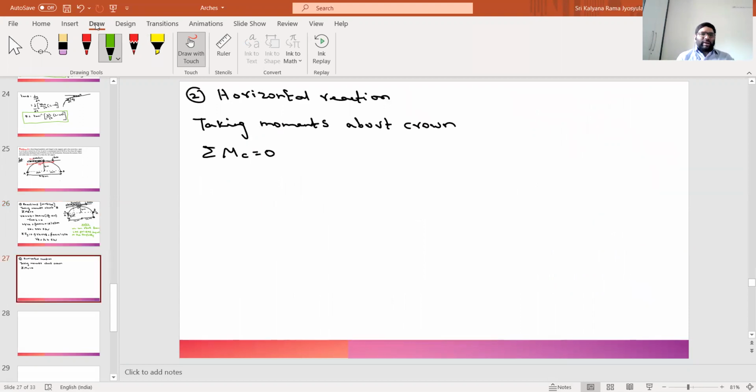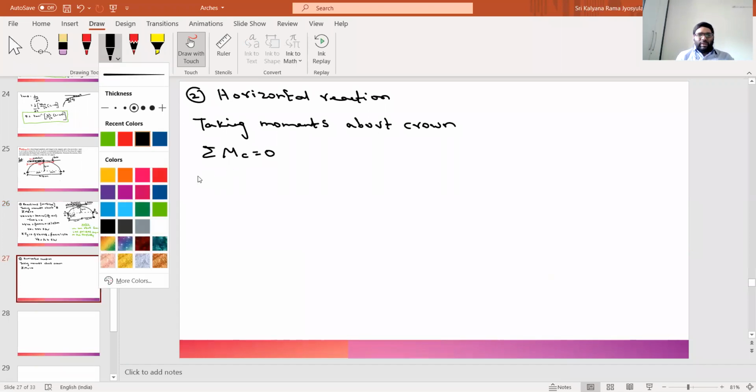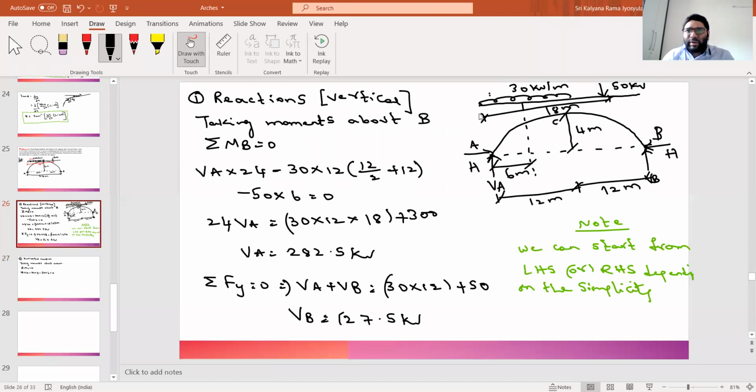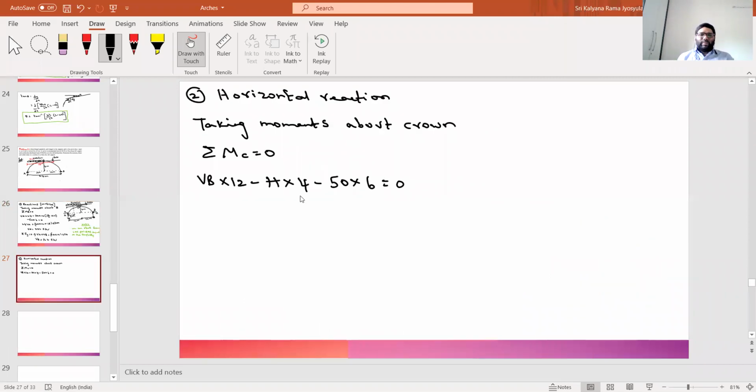Let us write that equation now. VB into 12 minus H into rise 4 minus 50 into 6 is equal to 0. 50 into 6 because it is acting at a distance of 18 from left, so 6 from middle. We are taking moments about the center point C.